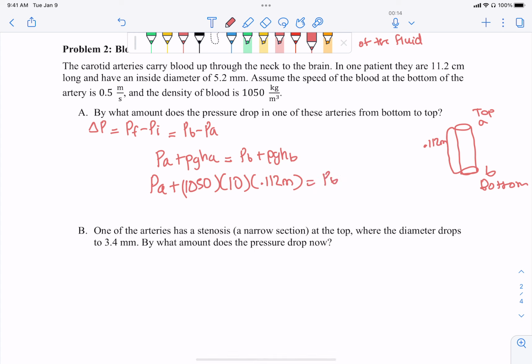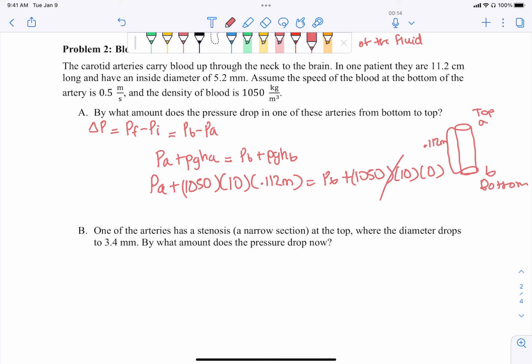And then I have PB. That's unknown as well. I have the density again of blood, which is 1,050, times 10 meters per second squared, and then hB, which is 0, right? Because I'm starting here at 0 and going up to 0.112. So effectively, this will cancel out because it's just going to end up being 0.